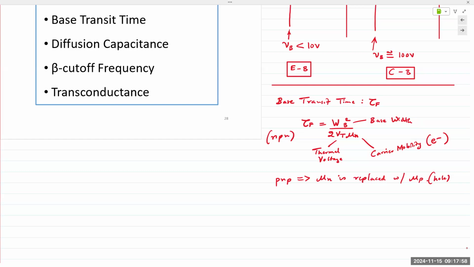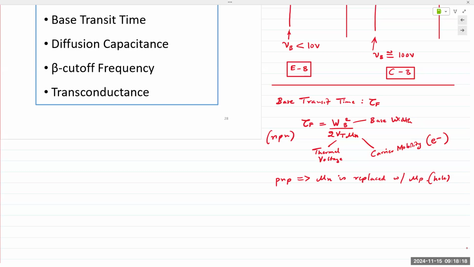Now, if you think back to chapters 1 and 2, where we talked about electron and hole mobility, remember, electron mobility is higher than hole mobility. Mu n has a value that is more than twice the value of mu p.